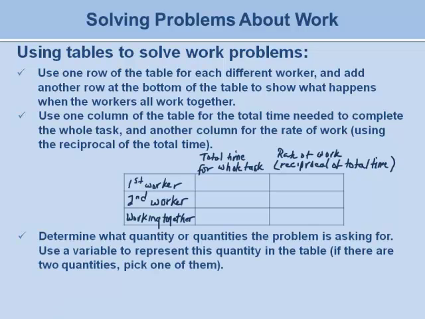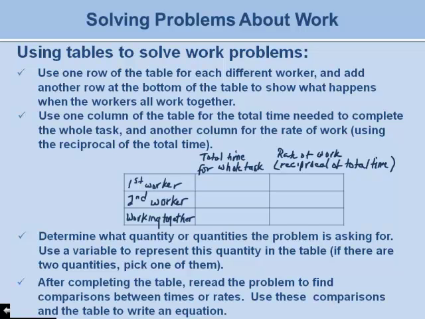Now, in order to fill out the rest of the cells in this table, first we want to read through the problem and determine what quantity or quantities the problem is actually asking for. In most cases, it works best to use a variable to represent that quantity. Sometimes the problem will ask for 2 quantities, and in that case, we would pick one of them to let our variable stand for.